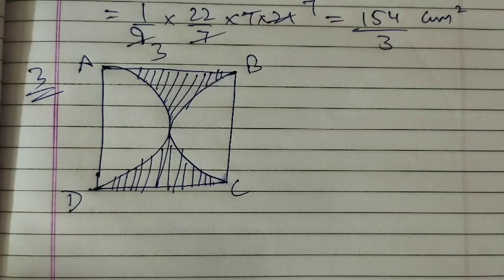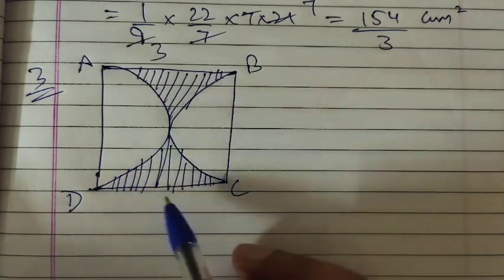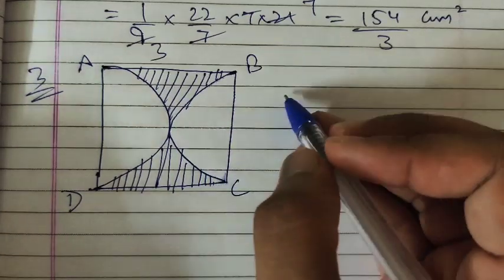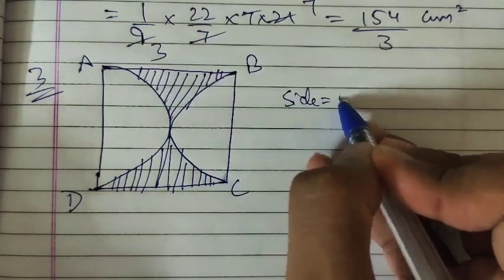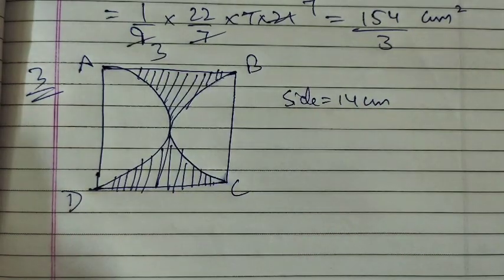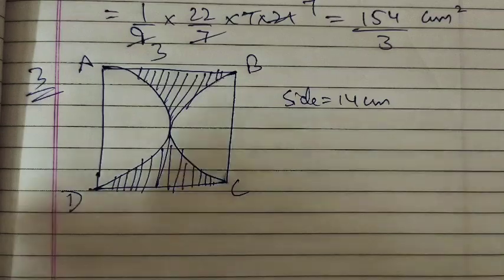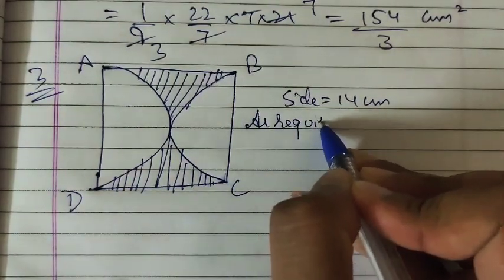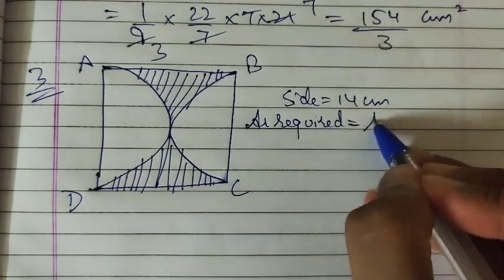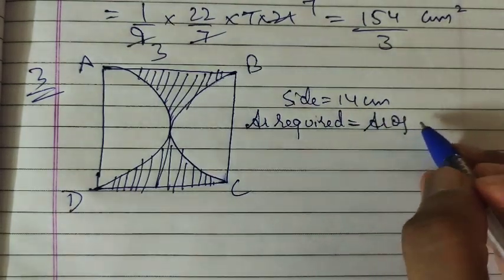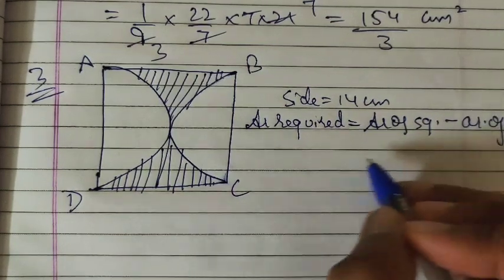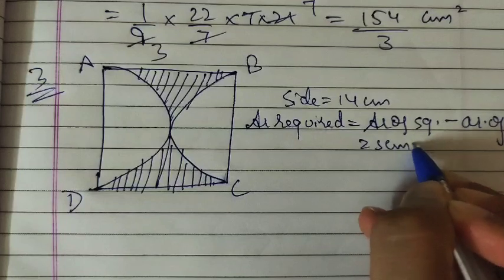So in this we have to find out the area of the shaded region. This is a square, it is given, and the side of the square is 14 centimeter. Now we know that the side of the square is 14 centimeter and these are two semicircles. So the area of the shaded region, or the area required, is equal to the area of the square minus the area of two semicircles, right?